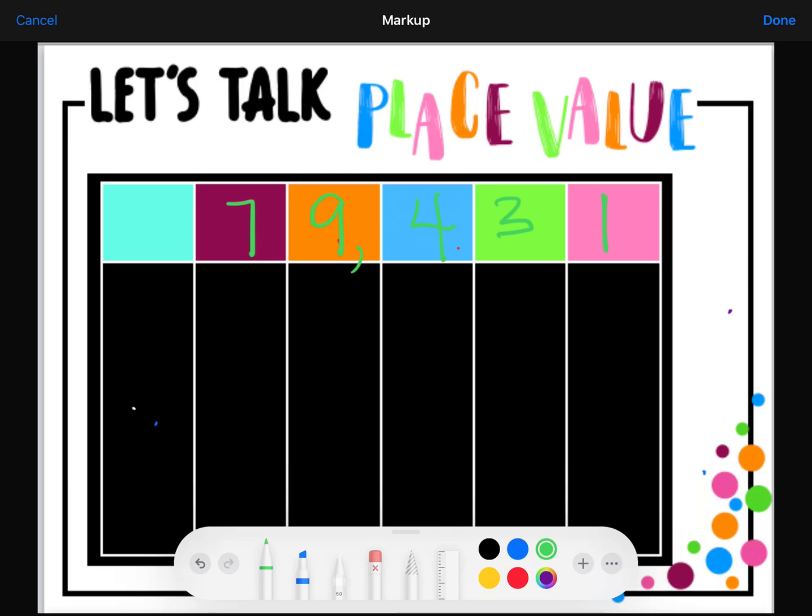Okay. Go ahead and draw your place value chart. Write this number on top and see if you can shake each number down and plug it in with zeros. You can pause it if you need a little more time.